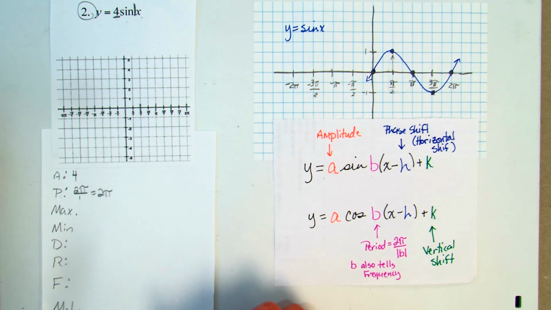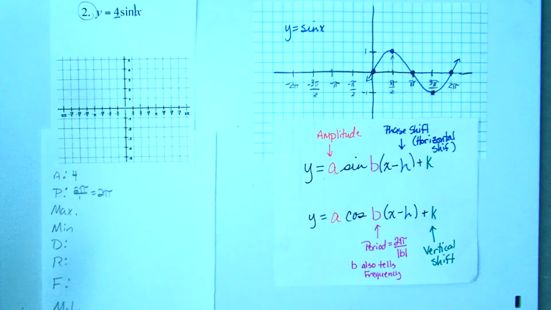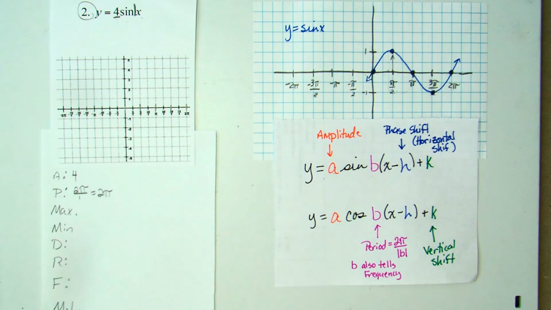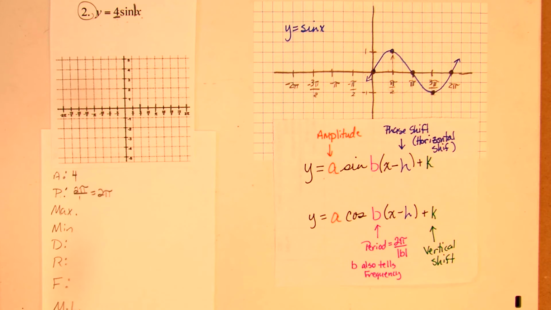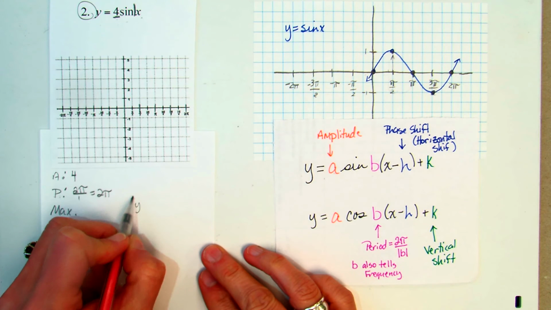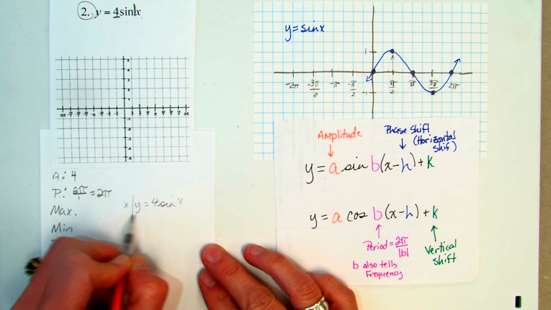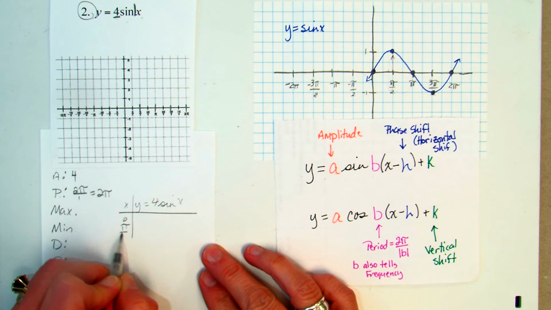If I T-charted those exact x values, y equals 4 times the sine of x, 0, pi over 2, and I'm only going to do 2 or 3 of them.